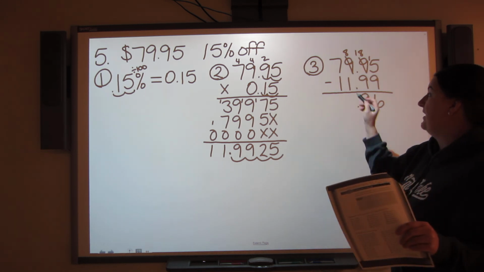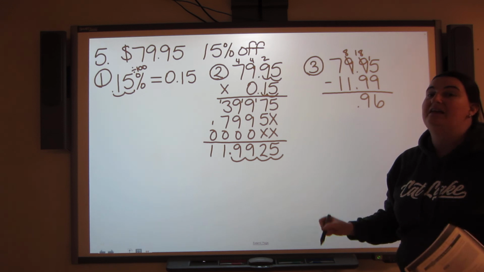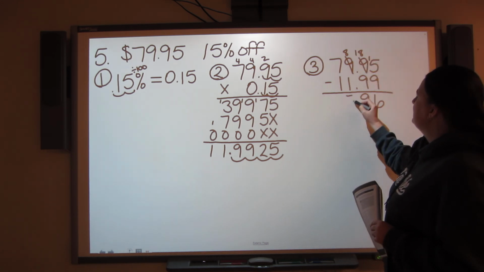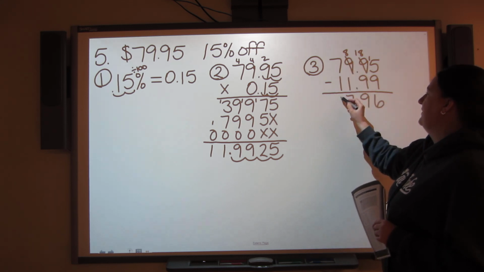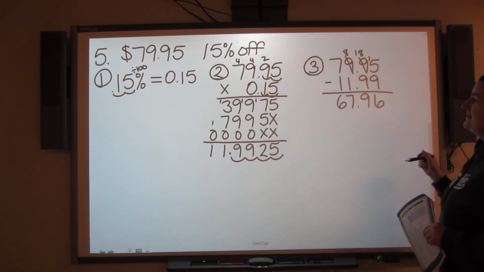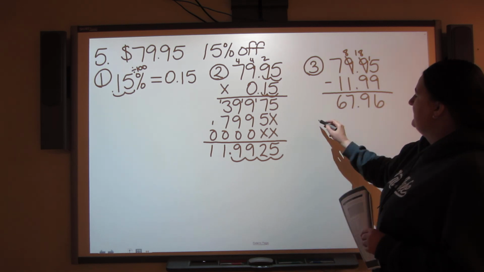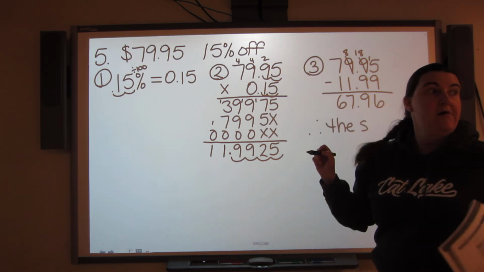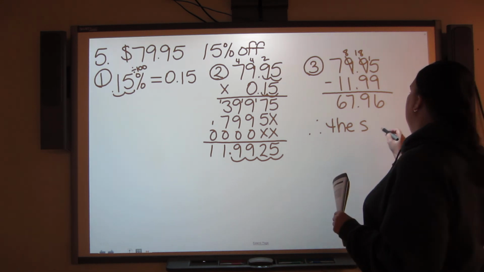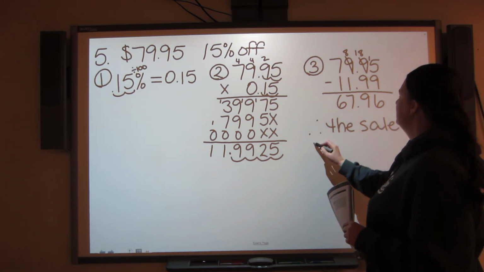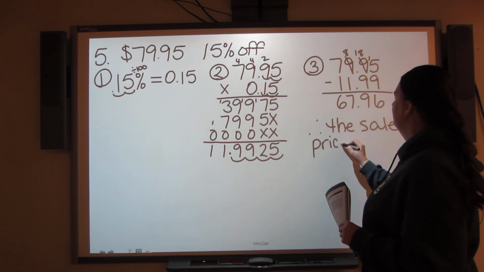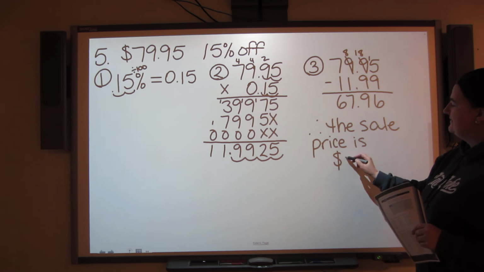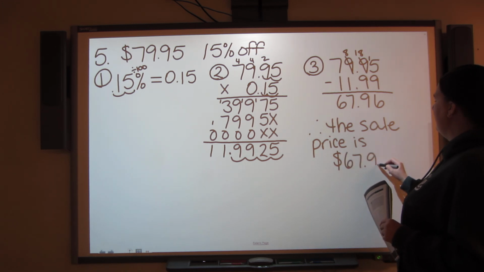Don't forget that when you're doing step 3 subtraction, you have to line up the place values. 8 minus 1 is 7, and 7 minus 1 is 6. What this means is the sale price for my sweater is $67.96.